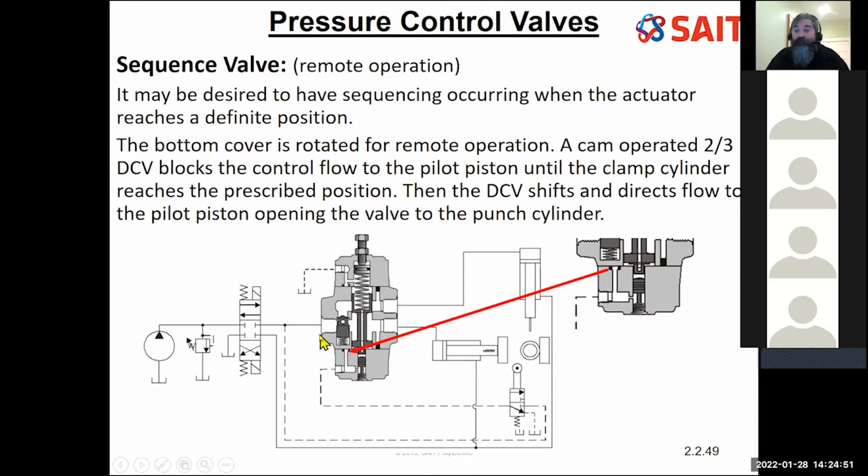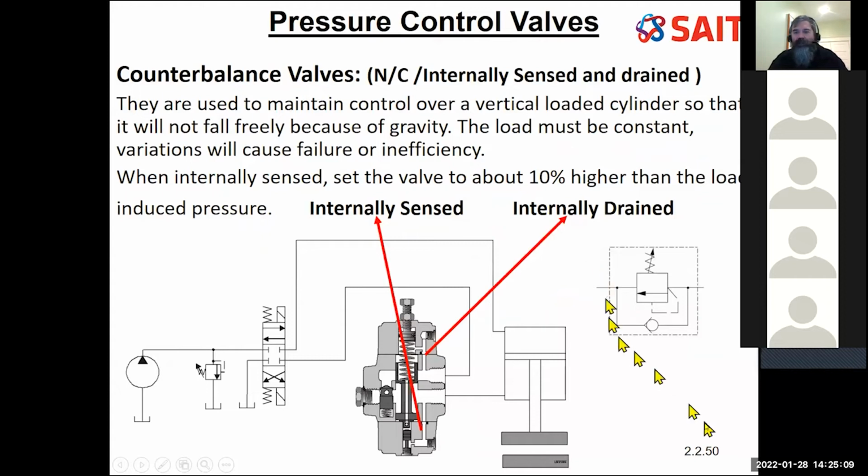One variation of how we could set up our circuits. We could monitor alternate points, and that's the beauty of some of our pilot lines that we have. And the only valve we have access to that pilot line, converting it from external to internal, is the counterbalance valve, which is the next valve under discussion.